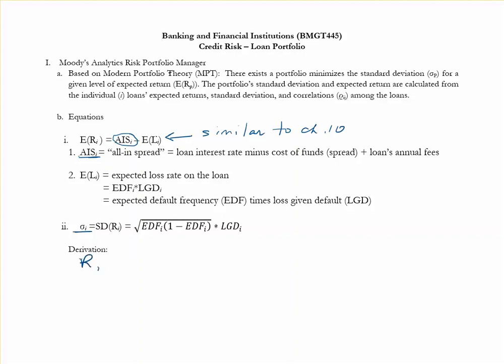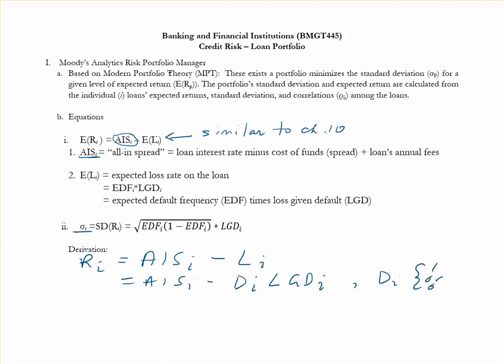Right. The return of the loan is going to be the all-in spread minus the loss. Now, the loss itself is whether the borrower defaults, and I'll call that D. So it's D = 1 if there's a default, 0 if it doesn't, times the loss given default. All right, so again, D is going to be just 1 or 0.